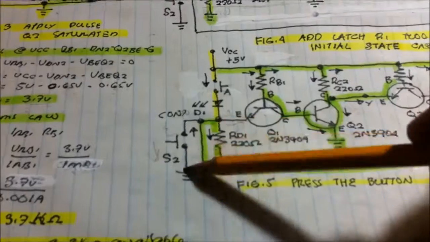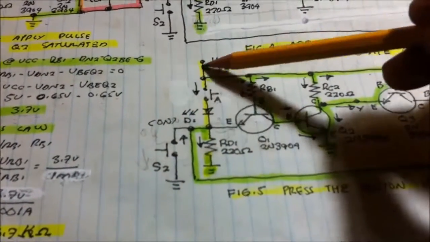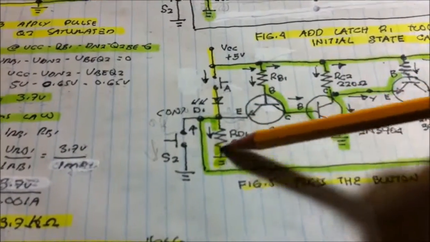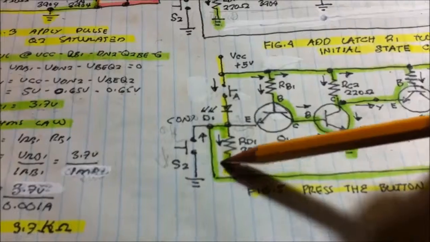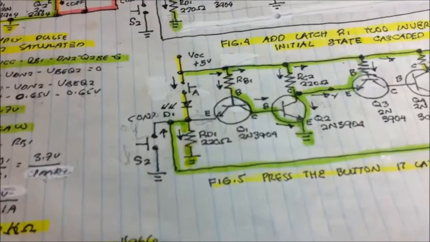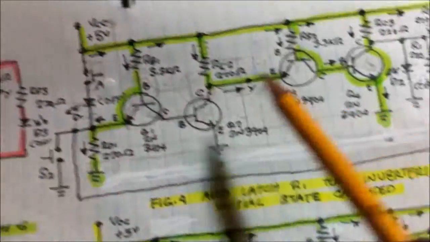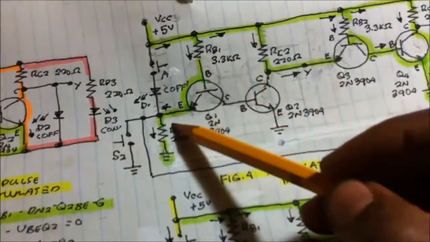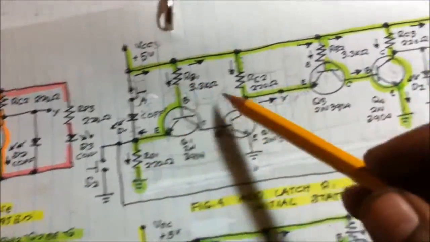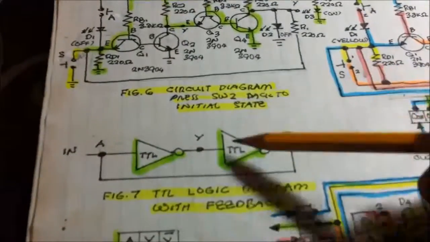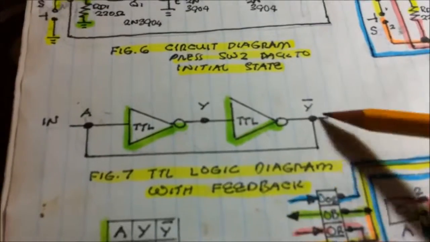So when this is now 0 volts, the current now chooses to flow into the base to the emitter to the ground, and then when you release it, it's all gone, and the circuit is going back to its original state. This configuration is now our logic diagram with feedback.